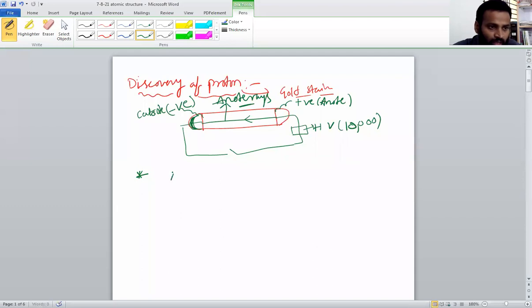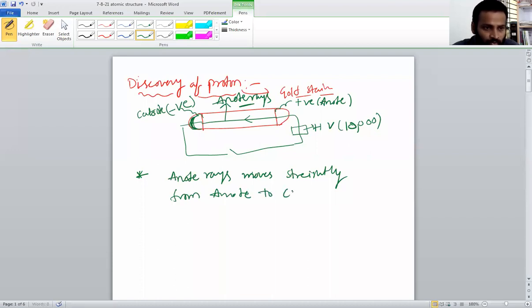You also write down: anode rays move straight from anode to cathode.